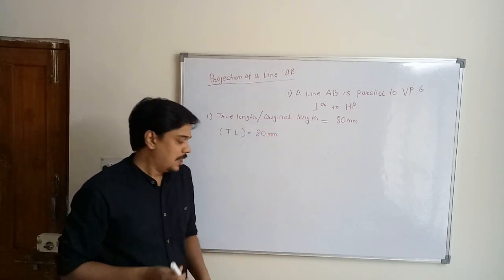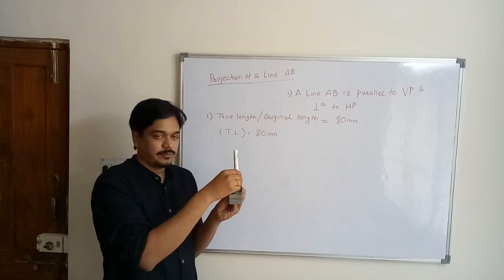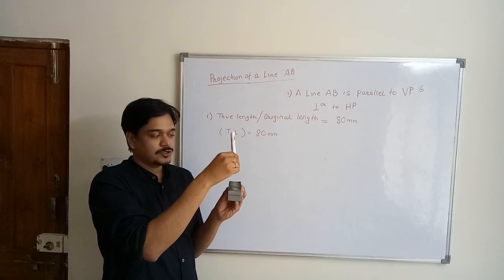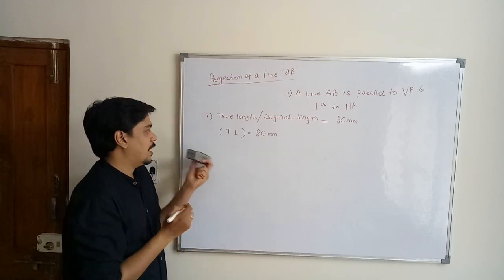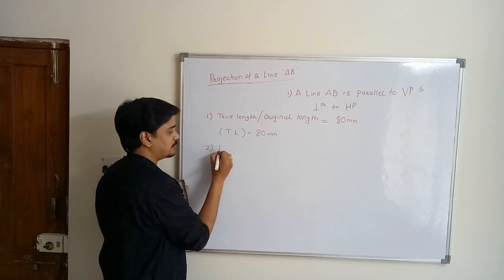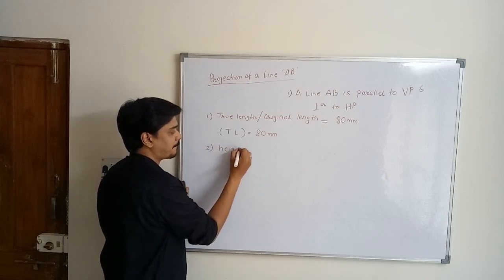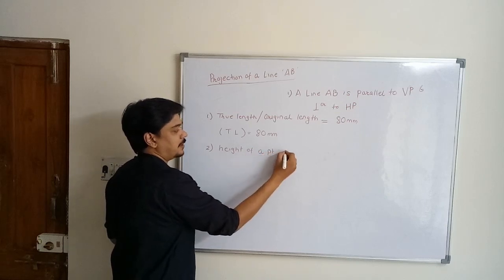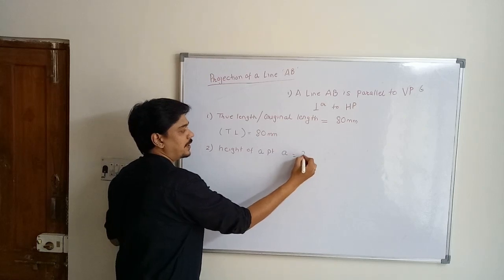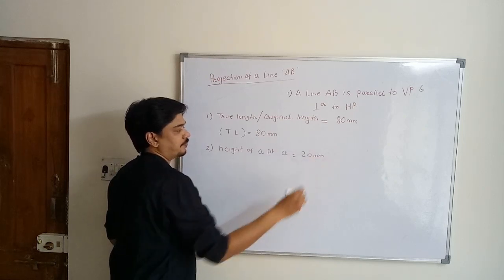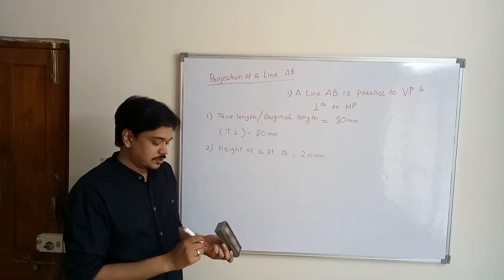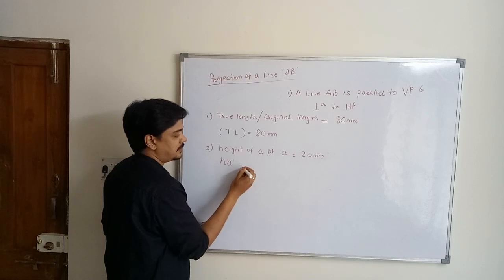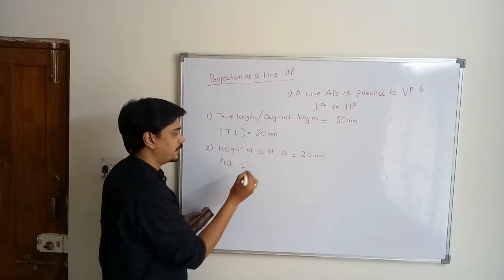And the height of point A is given above the horizontal plane. So how will you name that? I will name the height of point A as HA, and since it is height, we will put a dash for the front view.